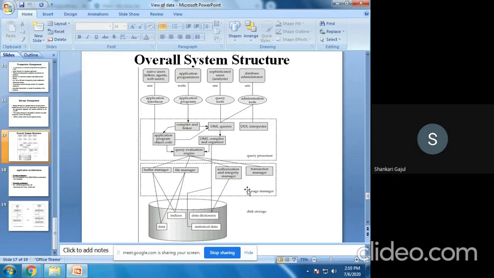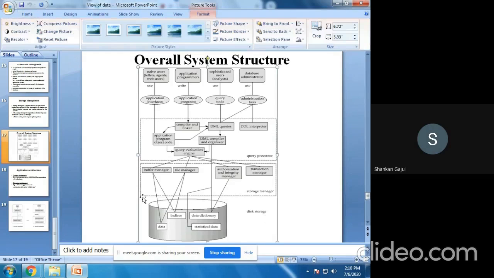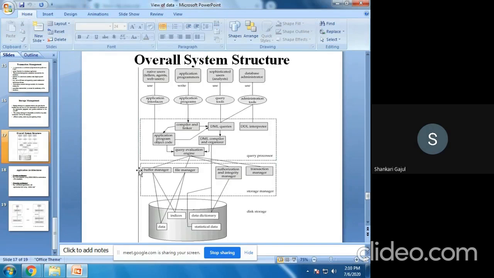And the last one is the buffer manager, which belongs to the storage manager. It is used for fetching data from disk or memory, whatever data we are accessing and retrieving from the actual database. That job is done by the buffer manager.